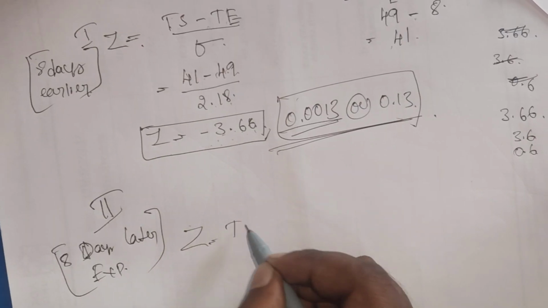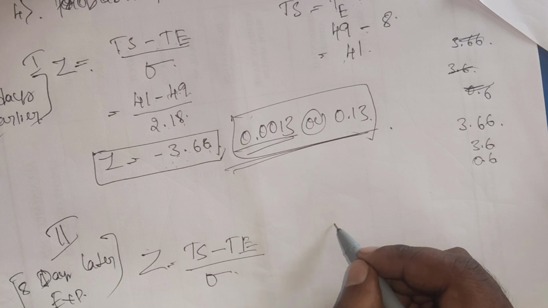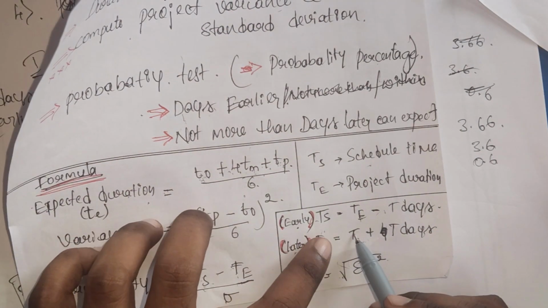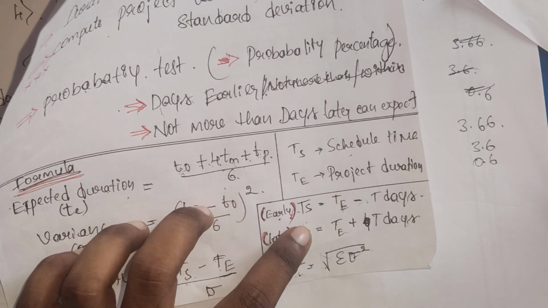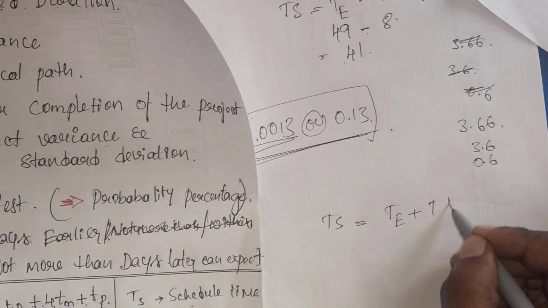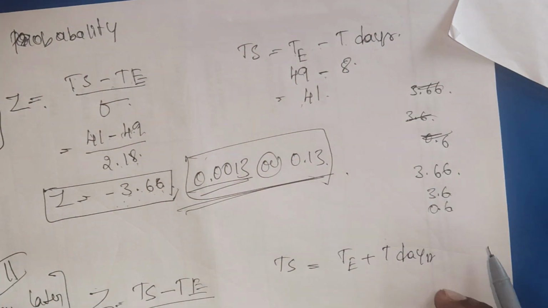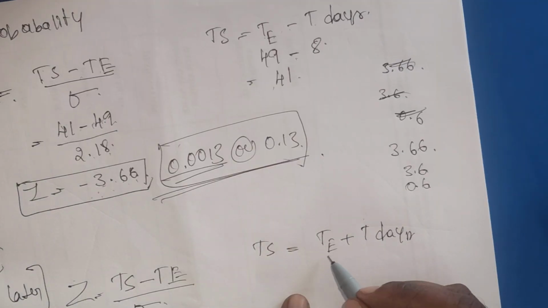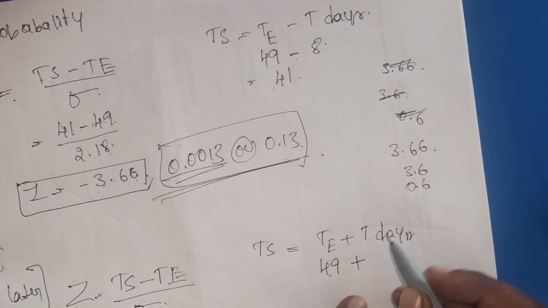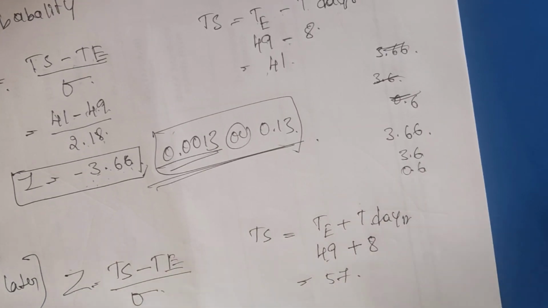As usual, same formula: TS minus TE divided by standard deviation, but the calculation of TS is different. For later, it is the duration of the project plus T days, TE plus T days, whereas in the previous case we subtracted because they were asking for earlier. The expected duration we already calculated is 49, plus T days, which is 8. 49 plus 8 is 57.